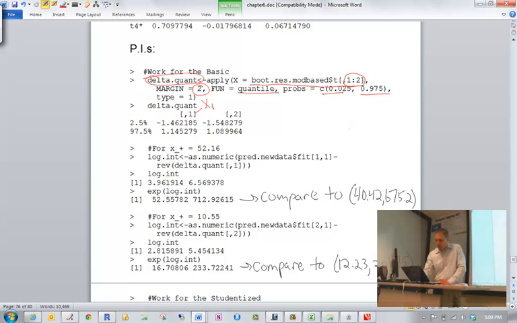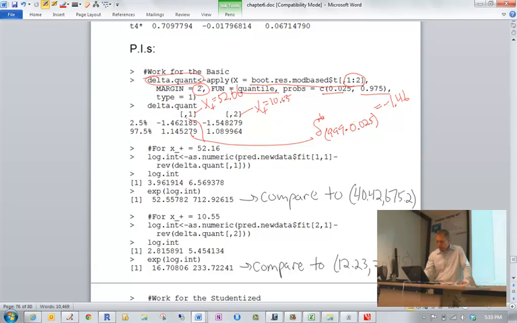So for x plus equal to, make sure I get the ordering right here, 52.66. This is for x plus equal to 10.55. My delta star, let's see here, I use 999 resamples, times 0.025 is equal to negative 1.46.